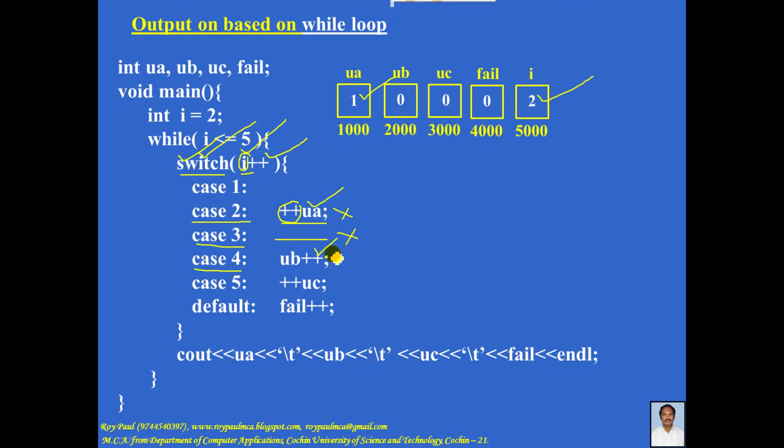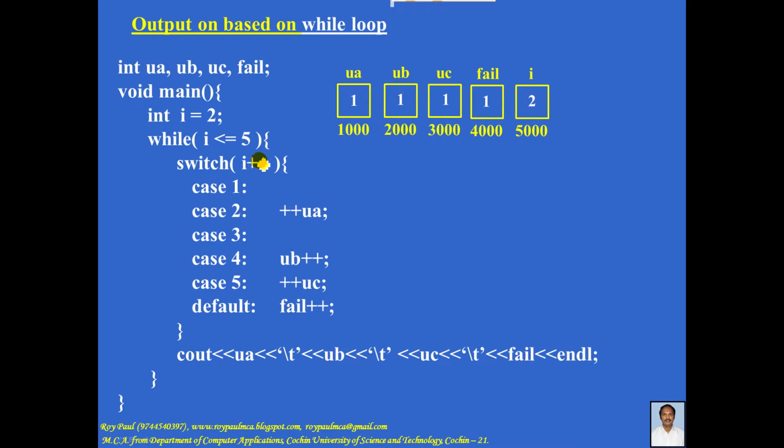UB plus plus, here also there is only one operator, so no need to apply any priority rule. 0 plus plus, it becomes 1. There is no break statement, control goes to next case. Plus plus UC, plus plus 0, it becomes 1. There is no break, so control goes to next case. Default. Fail plus plus, so 0 plus plus, it becomes 1.